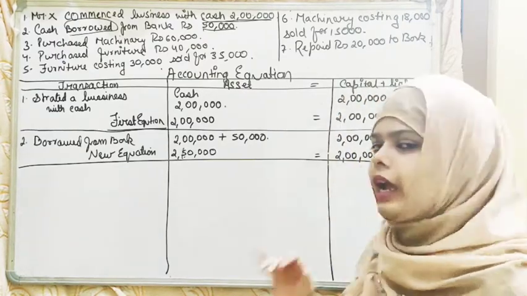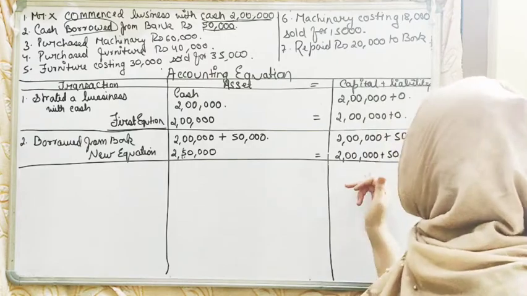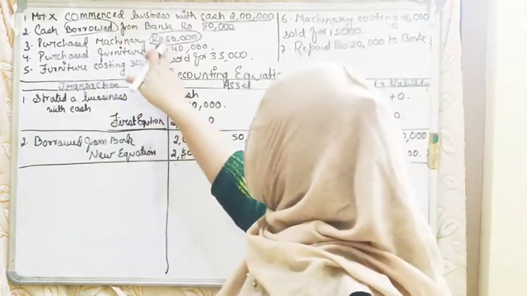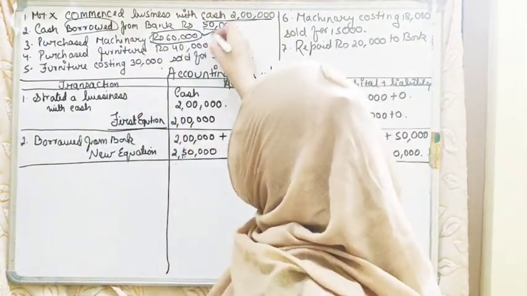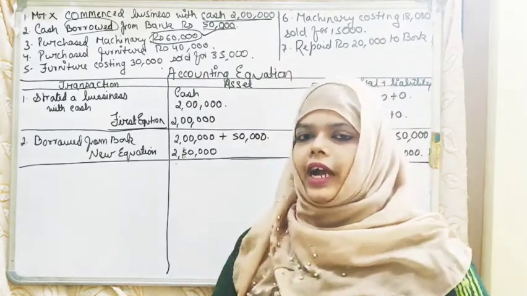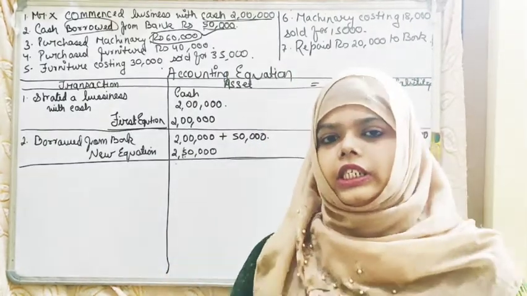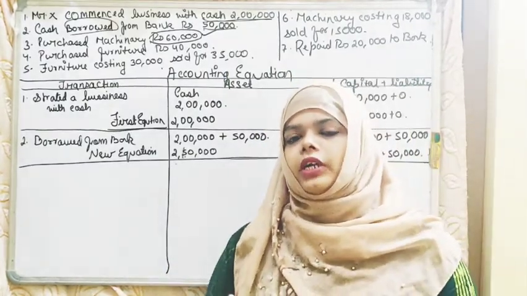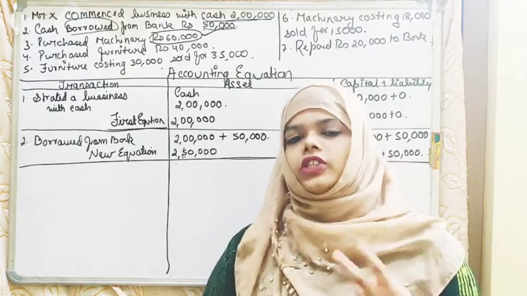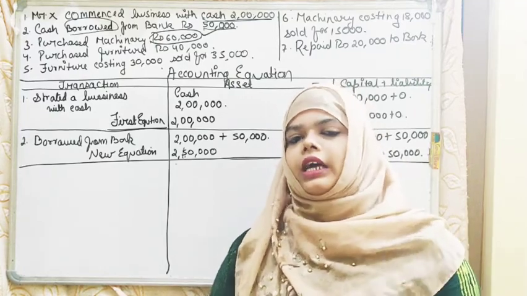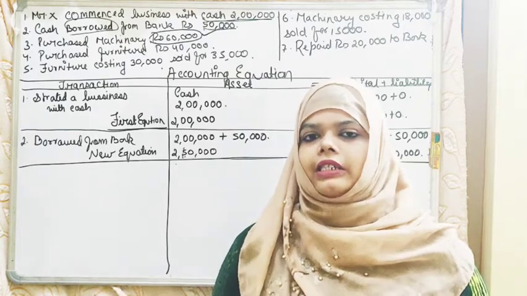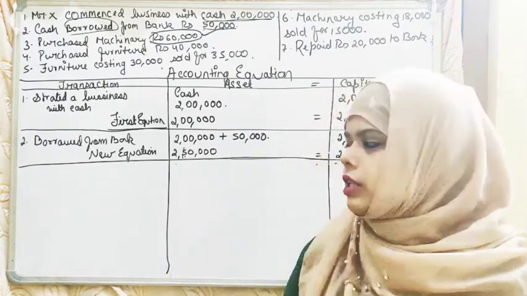So here it is capital plus liability. 2 lakhs is the capital of our business and 50,000 the liability. Third transaction: purchase machinery rupees 60,000. So 60,000 worth of cash is going out of the business and 60,000 worth of machinery is coming inside the business. So this transaction has twofold effects. One, the cash is going out of the business, and second, the machinery is coming inside the business.